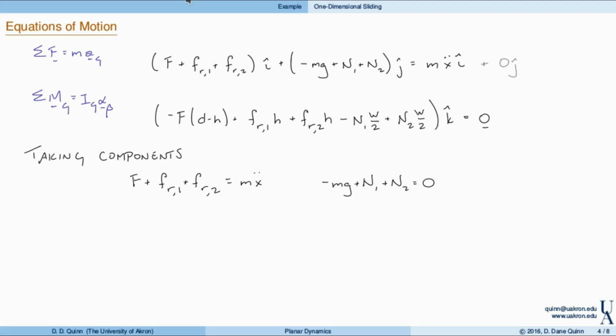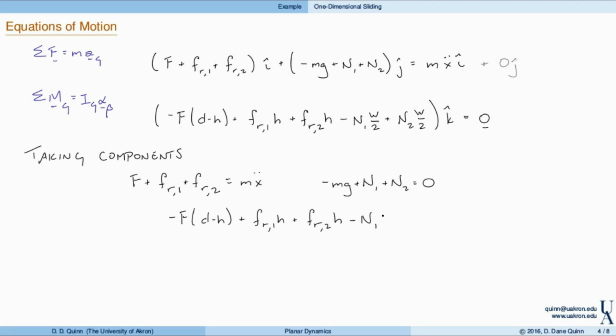Finally, we have the angular momentum balance equation in the k direction. Right, so that's going to look like minus F times (d minus h) plus the friction force on the left support, Fr. And these are the moments produced by the friction forces.